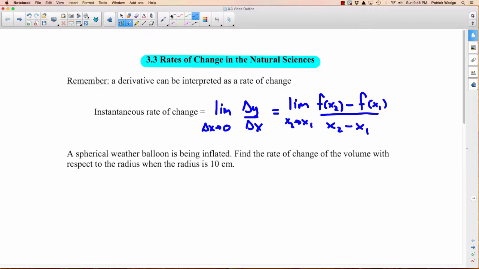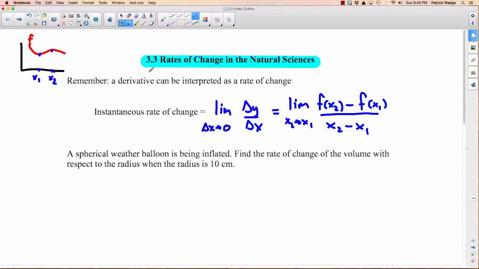If that's confusing, all I'm saying is, if you had some function called f, and we wanted to know the instantaneous rate of change at this point here, let's call it x1, we could take another point, x2, and we would want to get change in y over change in x. How would we get change in x? You do x2 minus x1, which is exactly what we have there.